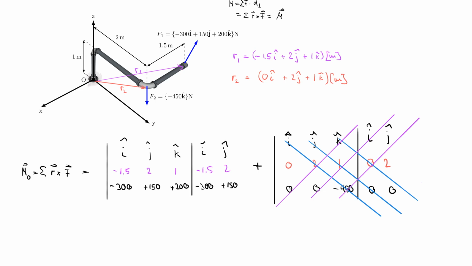And let's do the diagonals. The positive ones are first. So minus 450 times 2 is what? Plus 900 here really. So plus negative 900, I should say.